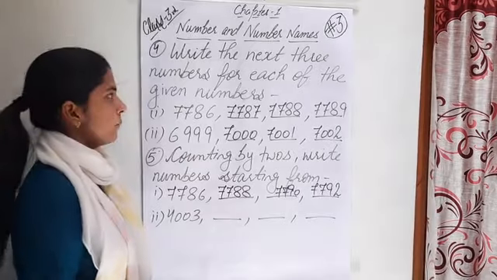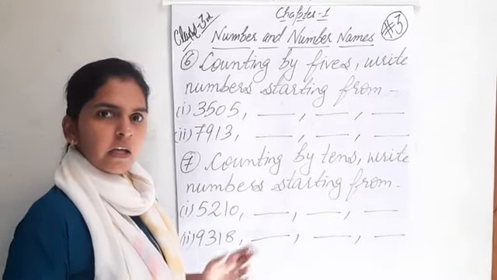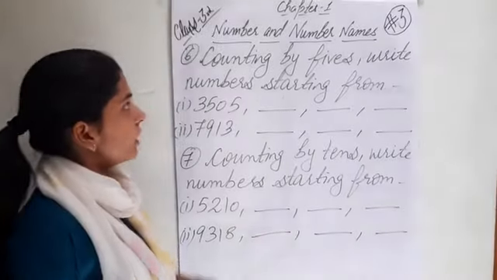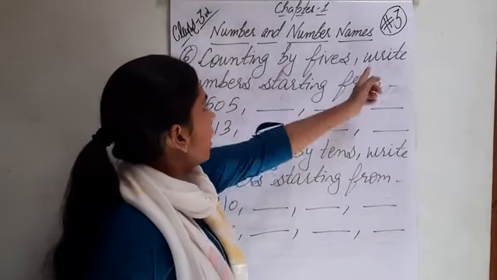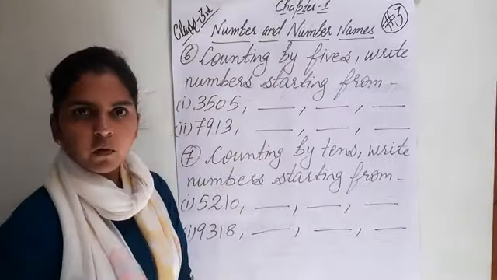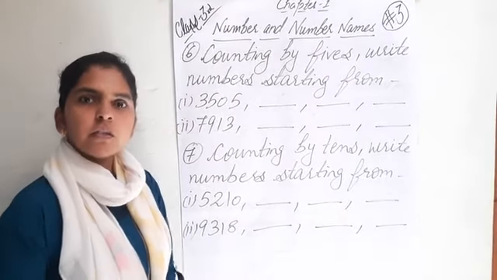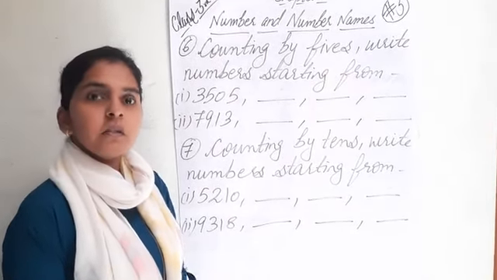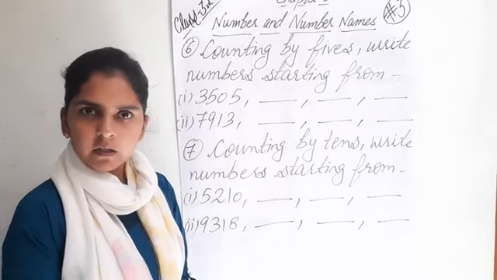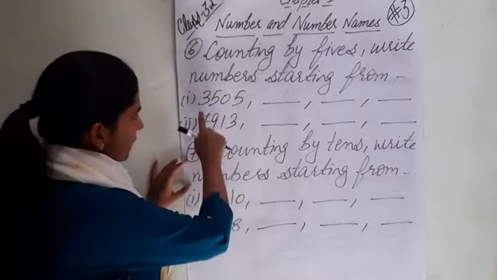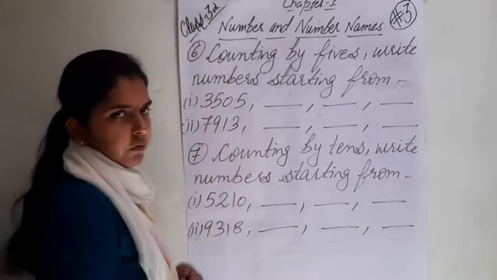Okay, students. Now let us move to the next question. The next question is counting by fives, write numbers starting from. This time we need to count by fives. It means we need to add 5 every time and then we will write our answers. So the first part is 3505.